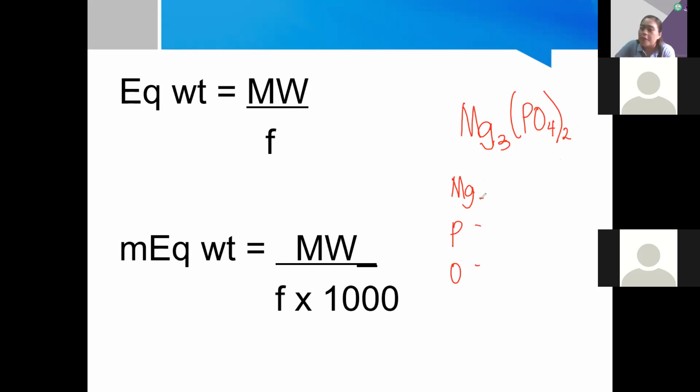When you count the number of atoms, magnesium is 3. For phosphorus, it is inside the parenthesis with a subscript of 2 outside, so automatically that is 2. But for oxygen, you have to multiply 2 times 4, a total of 8. That's how you do the computation for the molecular weight if there are elements inside the open and closed parenthesis.